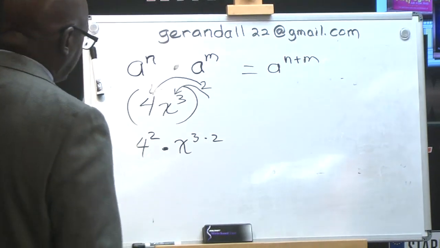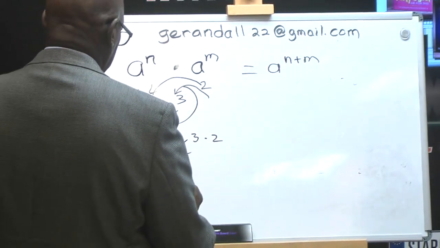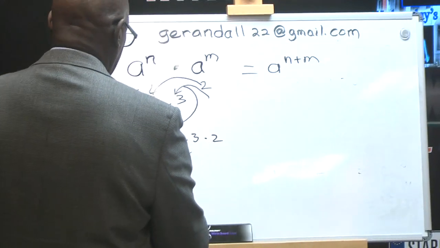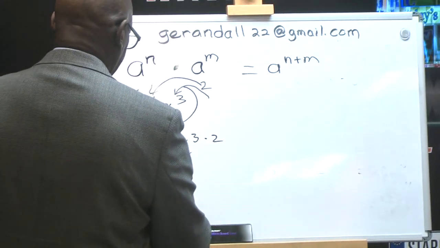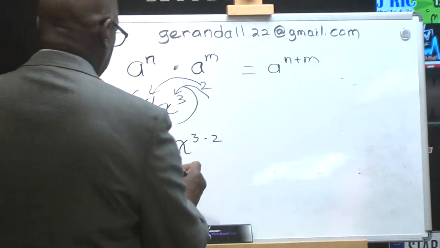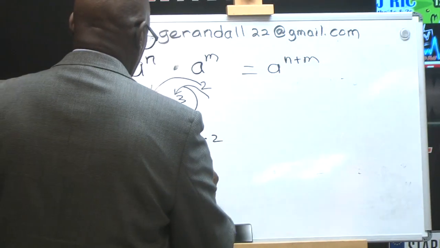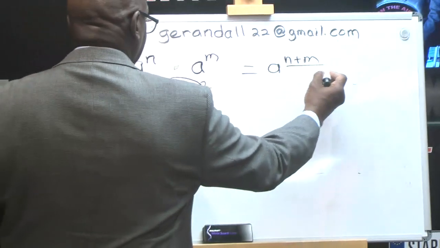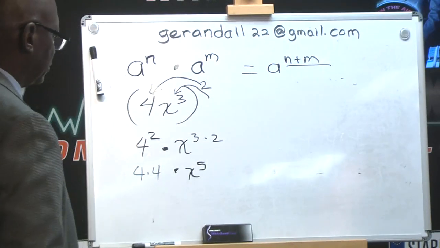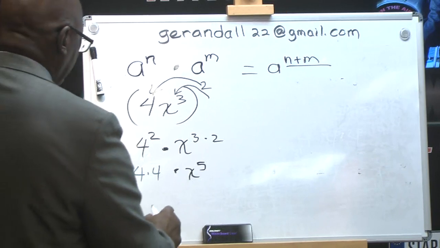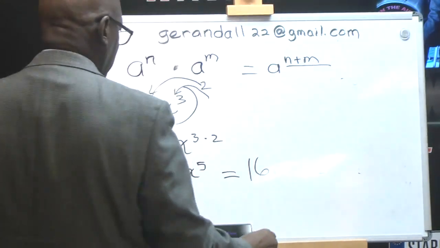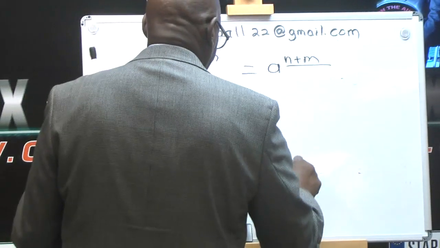So what does that mean? On this portion, first we have 4 times 4 times x to the 5th power, because remember we add. Okay? So the final answer would be equals 16 x to the 5th power.